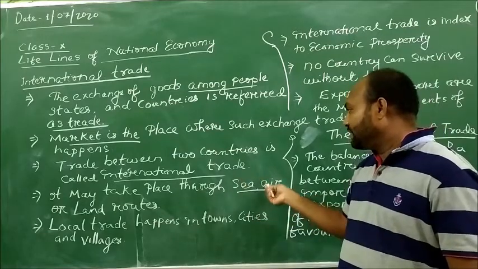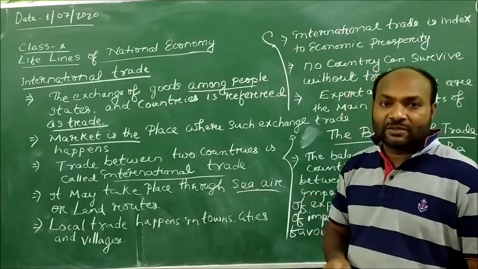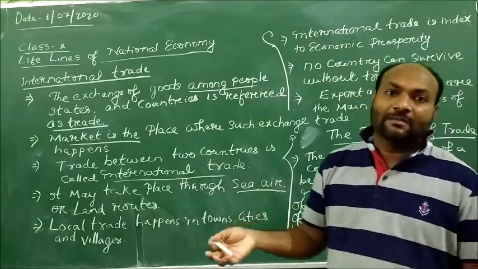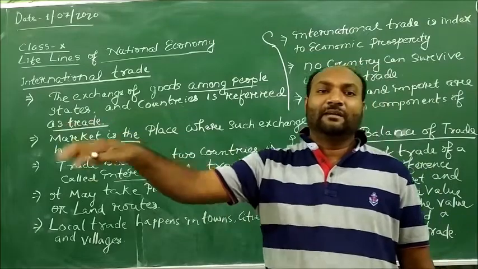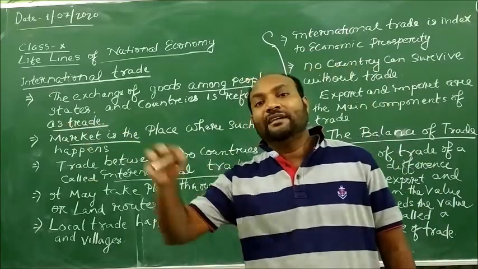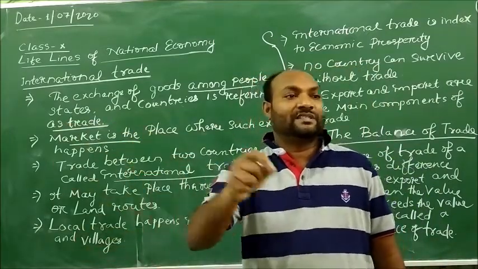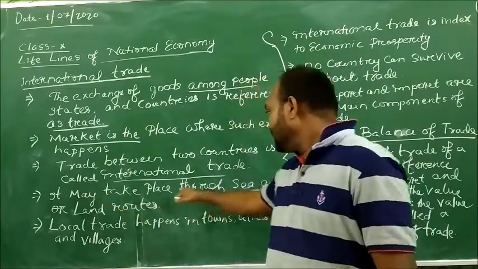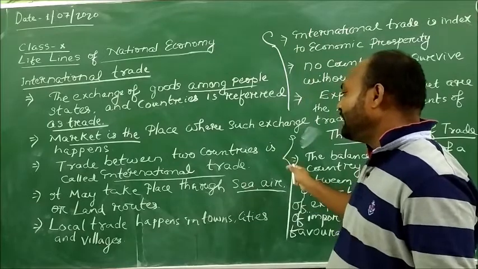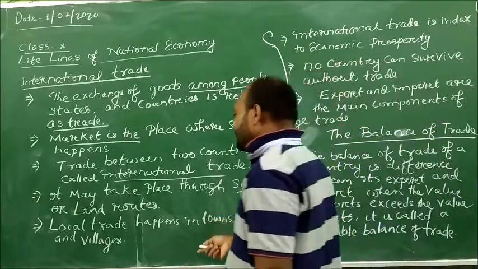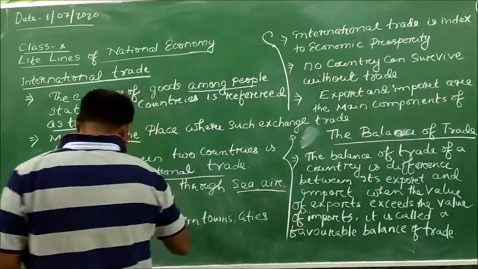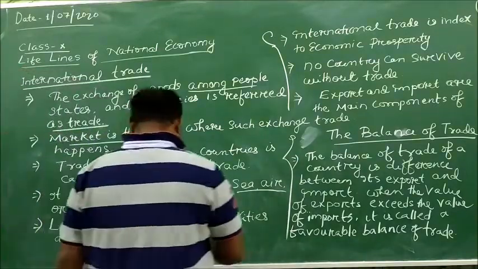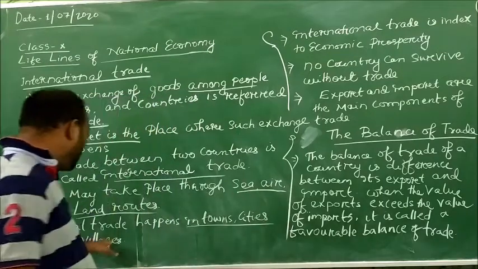It can take place with the help of sea routes, air routes, and at the same time land routes, because when we are having trade activities with nearby countries, through land ways we can reach them. So the airways, the seaways as well as the land routes are helping us to have international trade with other countries.